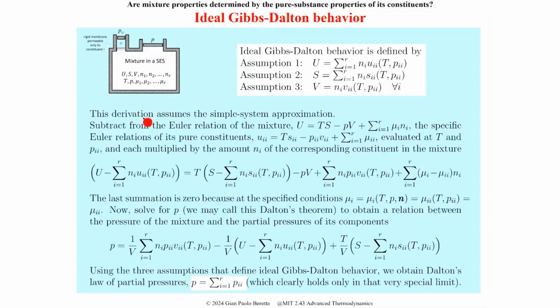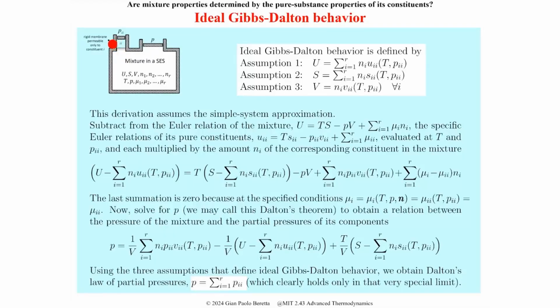So the derivation goes as follows. We start from the Euler relation written for the mixture. We write also the Euler relation for the pure components. And here I'm going to write it for the pure components on just the other side of the semi-permeable membrane.